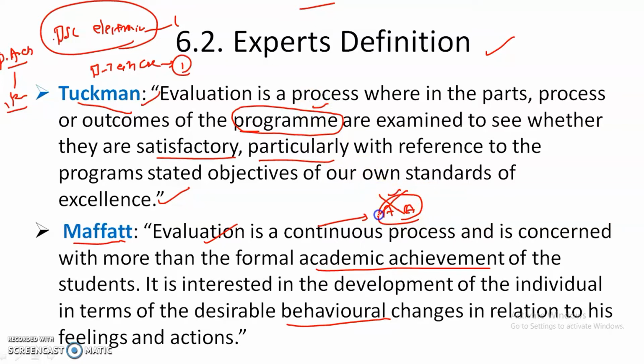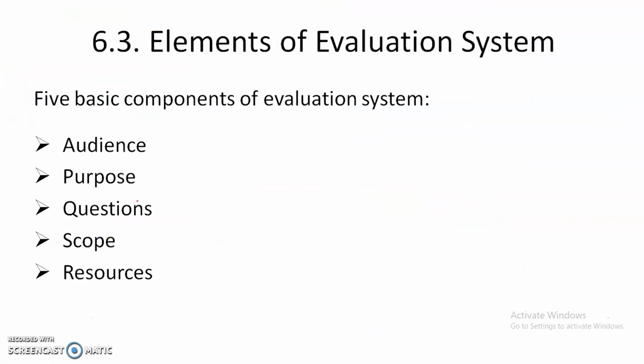Not only these academic achievements, but also how the behavior and the character of the student is. So this also comes under the evaluation process. That means the Muffat definition is the all-round development or the all-round assessment of the student.